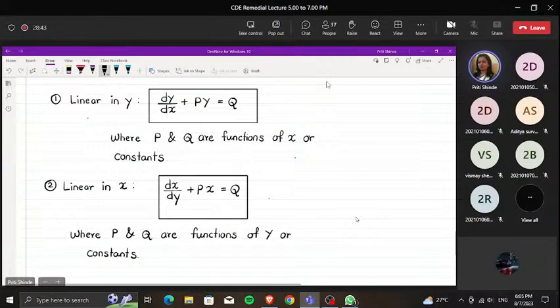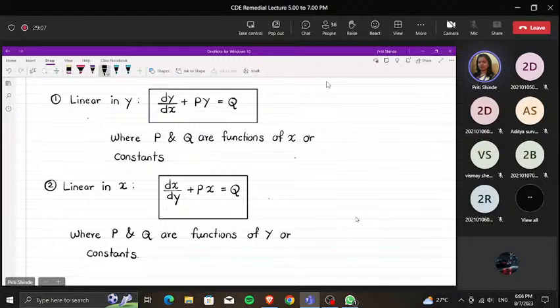So two types of linear differential equation: dy by dx plus py is equal to q and dx by dy plus px is equal to q. Okay. Differential equation containing only one y is linear in y. Differential equation which contains only one x, remaining are either constants or functions of y, is linear in x.